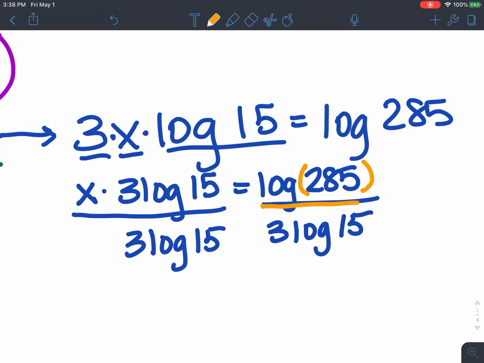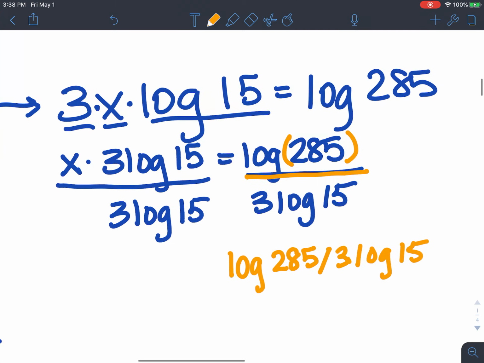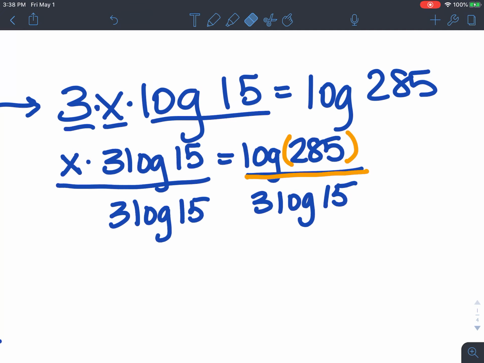The other thing is that when you divide, a lot of people will do this. The calculator does not understand that you want these to be multiplied together first unless you tell it to. Otherwise, it will divide log 285 by 3, and then it will actually multiply it by log 15, as if the log 15 was on the top. But that's not what you want.